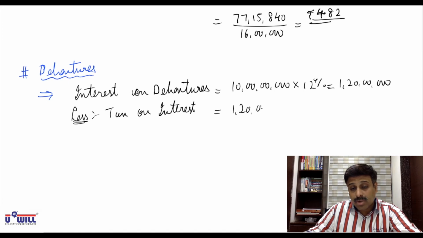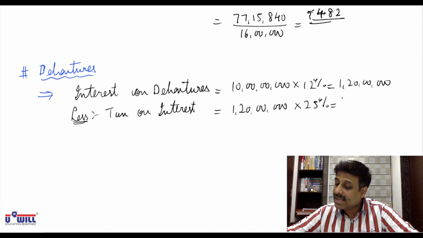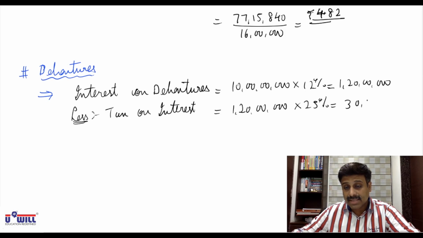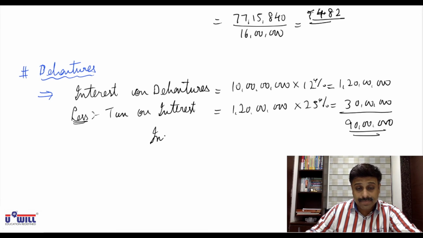So 1 crore 20 lakhs into 25%, that is 30 lakhs. If we minus that, 90 lakhs would be the incremental earnings.